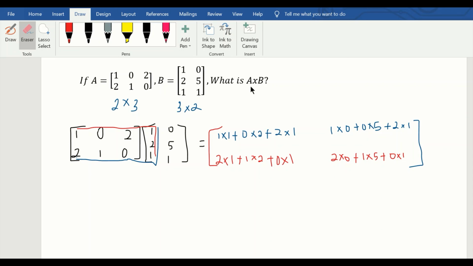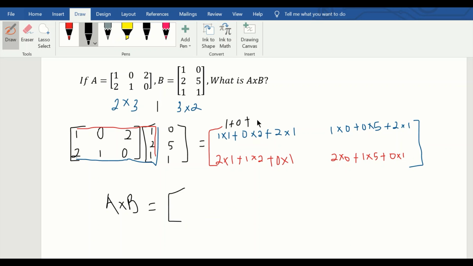So therefore, matrix A times matrix B will give us, I open my square bracket, 1 times 1 is 1, plus 0 times 2 is 0, plus 2 times 1 is 2. So 1 plus 0 is 1, plus 2 is 3. So that is our first element.